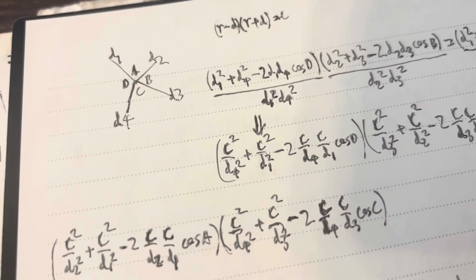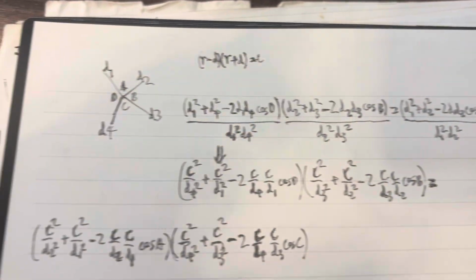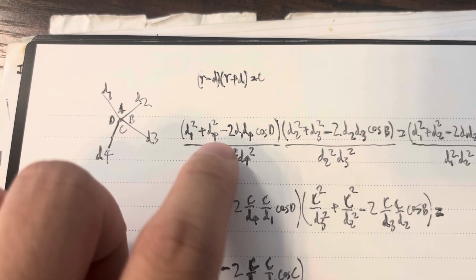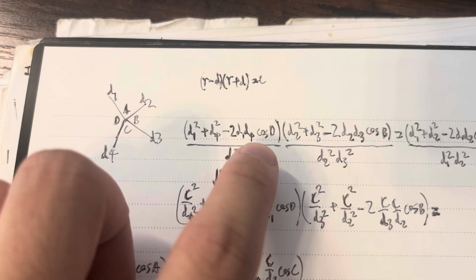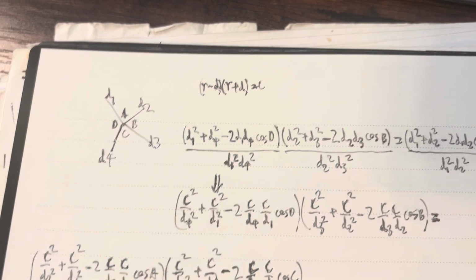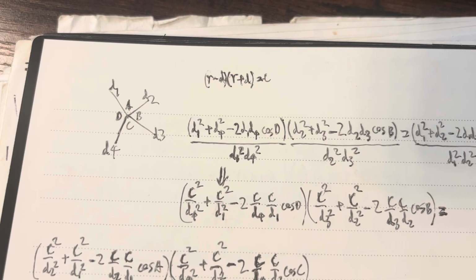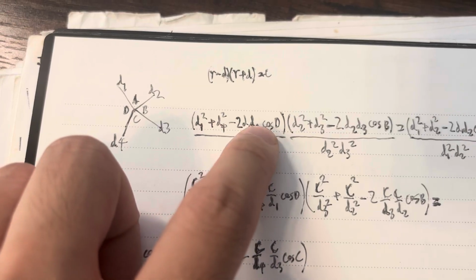So squares are obviously harmonic quadrilaterals. That's pretty obvious. So from that we can deduce from the law of cosines: this first term right here, d1 squared plus d4 squared minus 2 d1 d4 cosine D, is just the square of the left side of the square.